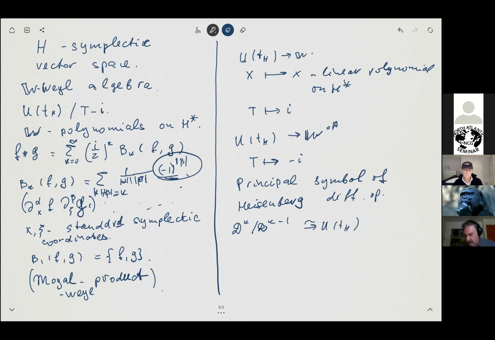So the universal enveloping algebra of the Heisenberg algebra at a given point is mapped into W plus W op via each of these maps. So in other words, the principal symbol.